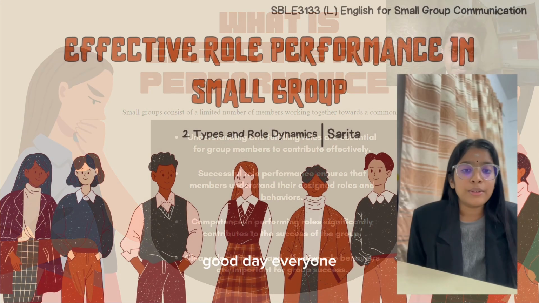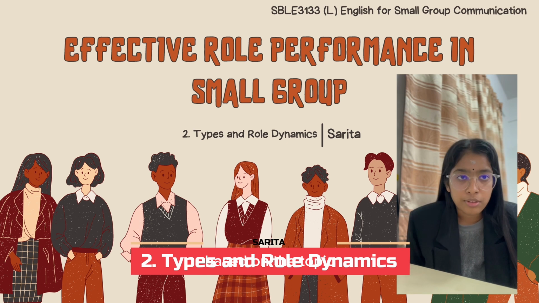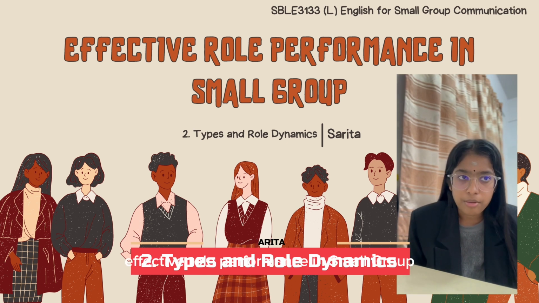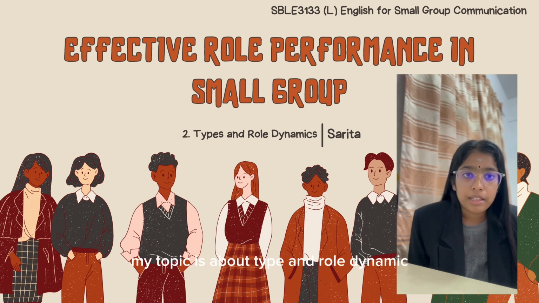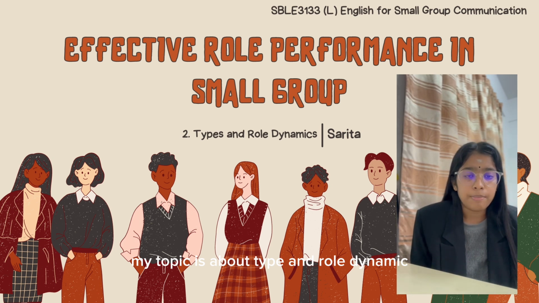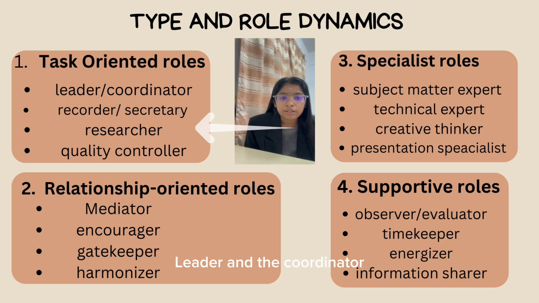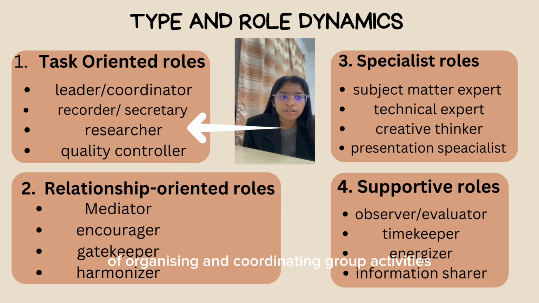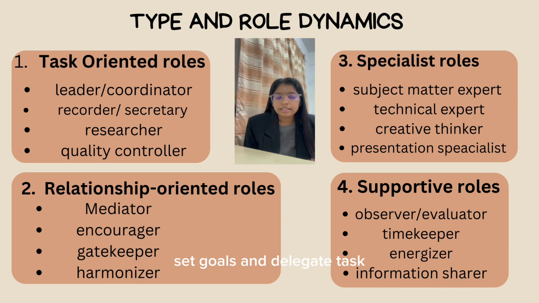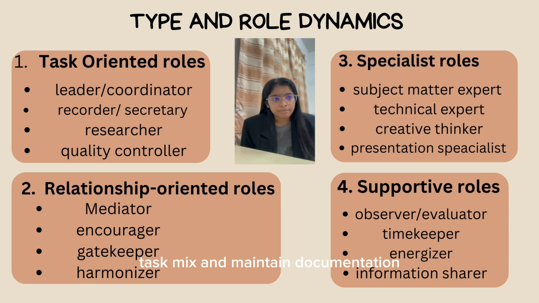Thank you. Hi, good day everyone. Based on the topic effective role performance in small group, my topic is about types and role dynamics. The leader and coordinator take charge of organizing and coordinating group activities, set goals and delegate tasks. The second one, recorder and secretary, keep records of meetings and tasks, and maintain documentation.